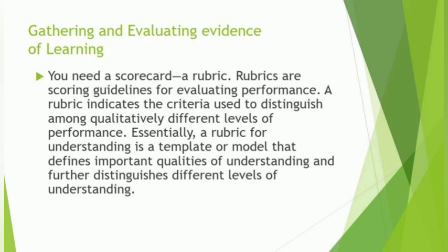A rubric indicates the criteria used to distinguish among qualitatively different levels of performance. Essentially, a rubric for understanding is a template or model that defines important qualities of understanding and further distinguishes different levels of understanding.